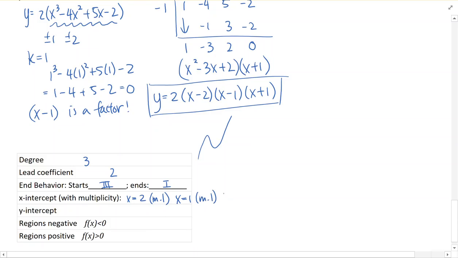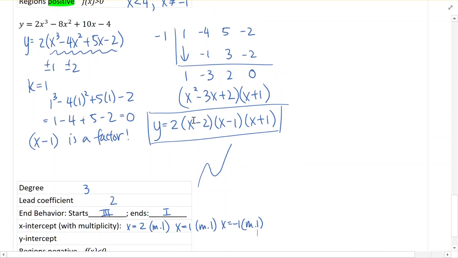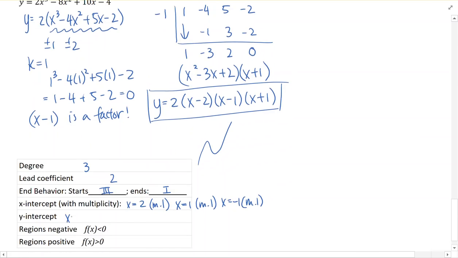And we finally have x equals -1, which is also a multiplicity of 1. For the y-intercept, again we're just going to set x equal to 0. I'm just going to write that down as a note. So we're left with y equals 2 times -2, -1, and 1. And that is 4.